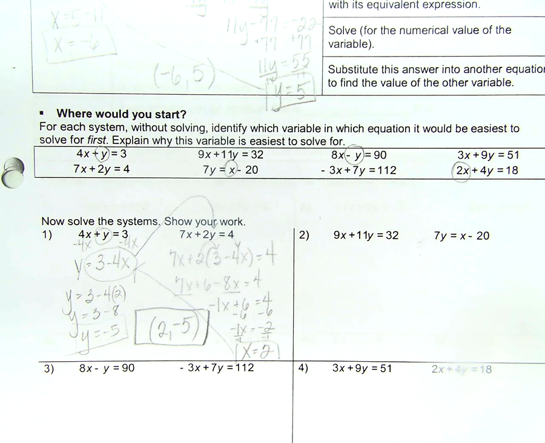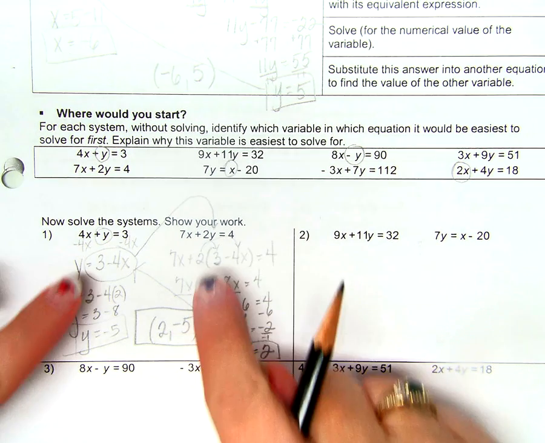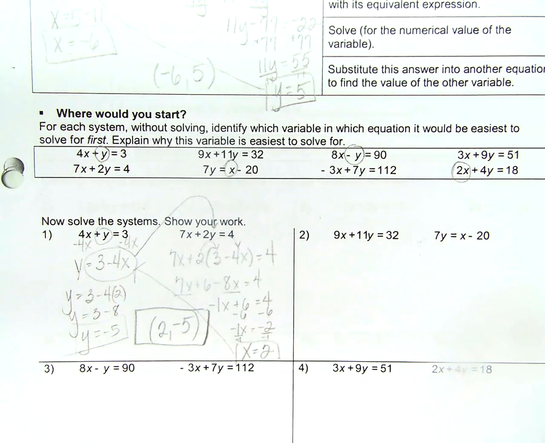Is it correct? How do you know? You could put it in the calculator, but in this case that would mean like solving it all for y. I don't want to do that.